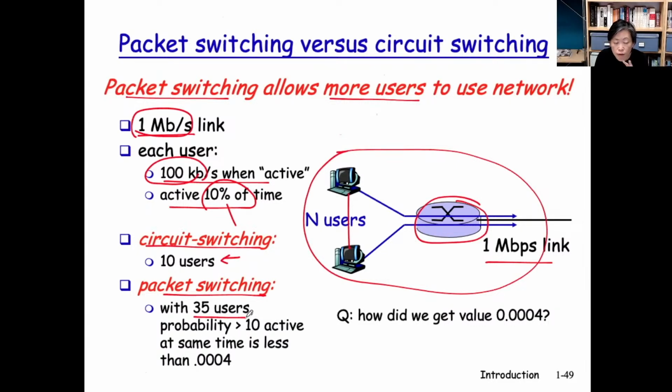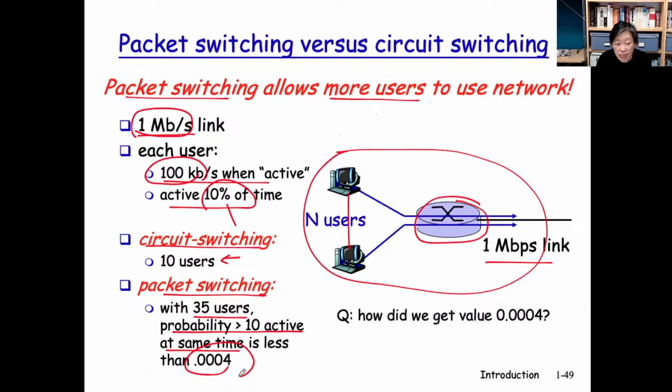But in packet switching, you see, the users are only active 10% of the time. Consider this scenario. If we have 35 users, the only situation in which these 35 users will have trouble sending data out is when at least 10 users are active at the same time. So what is the probability of more than 10 of these 35 users being active at the same time? If you do the calculation, you'll see that it's very low.